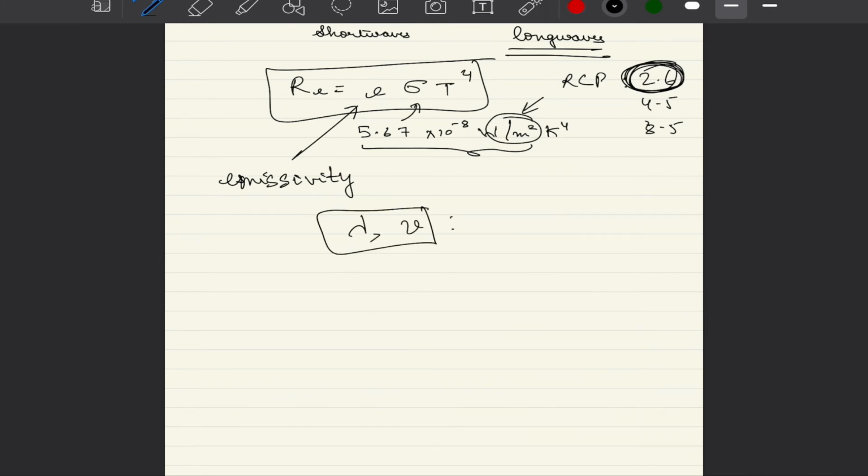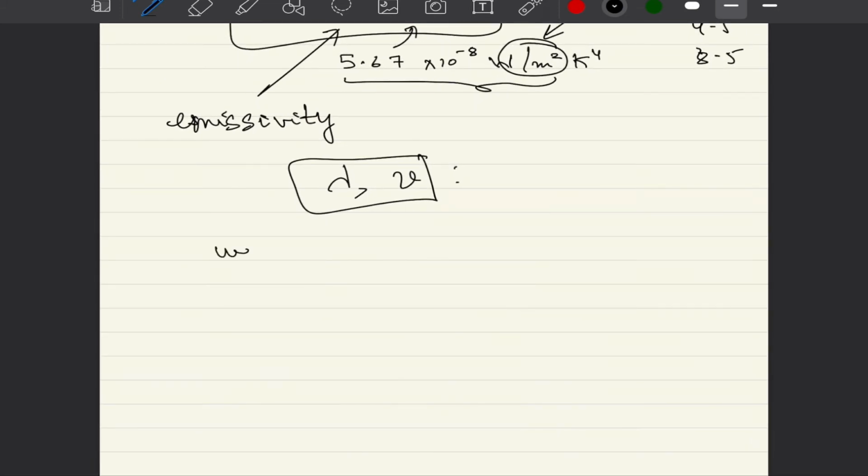Now, how would we determine the wavelength of emitted radiation? This radiation's wavelength is governed by a law called Wien's displacement law.